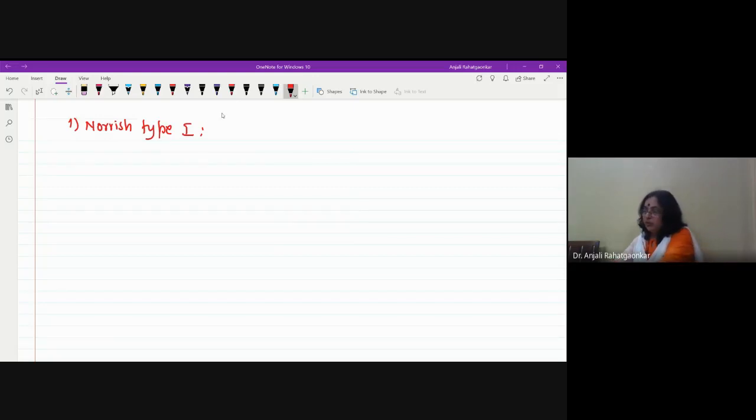Now in this reaction, what is the significance? The first significance is that this reaction is photochemically induced. So let us see some important characteristics. Before that, I can define this reaction. What is the definition of the Norrish type 1 reaction?